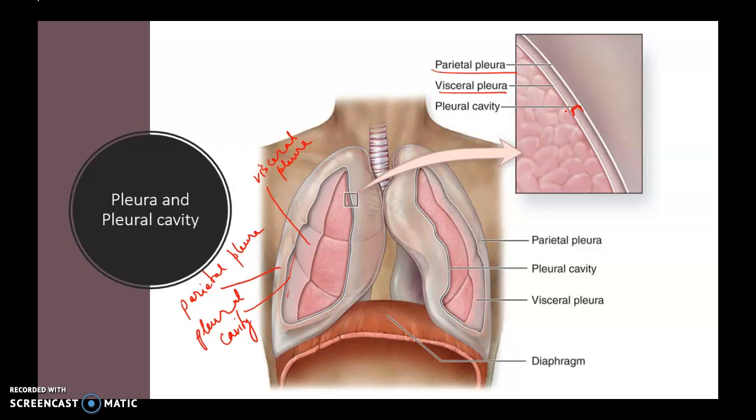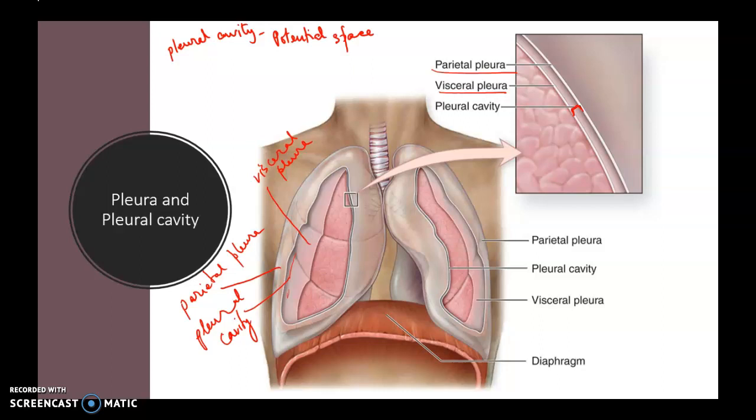A few more things about the pleural cavity. Remember, the pleural cavity is a potential space. What do we mean by potential space? Meaning it's a super thin space. However, it has a potential to grow bigger. Let's imagine a person gets stabbed in the chest cavity.